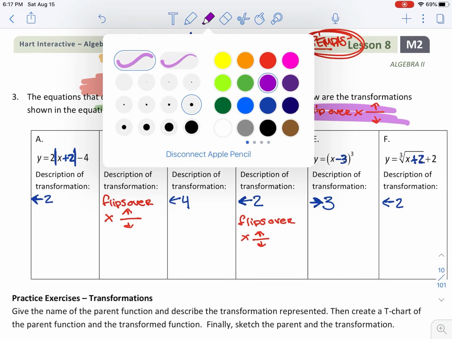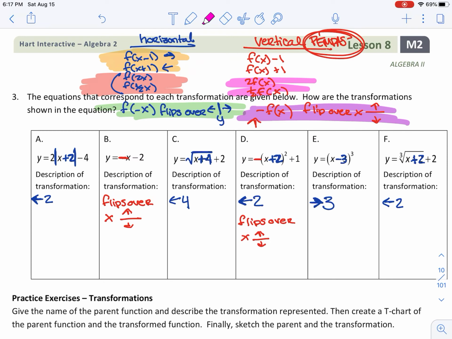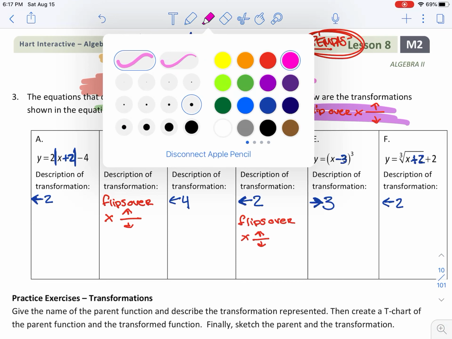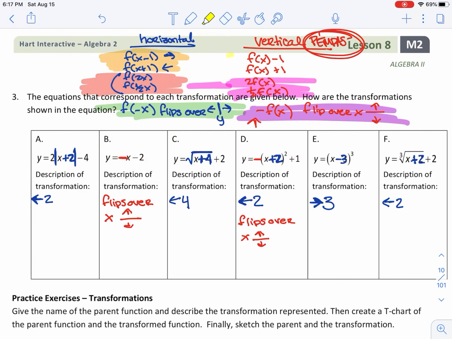So now I'm looking for, did I have to multiply anything out? Nope, don't see any of those anywhere. So you can see kind of why I've skipped these two. For right now, we're holding off on them. Then I'm looking for vertical. Looking for, did I add or subtract on the outside at all?